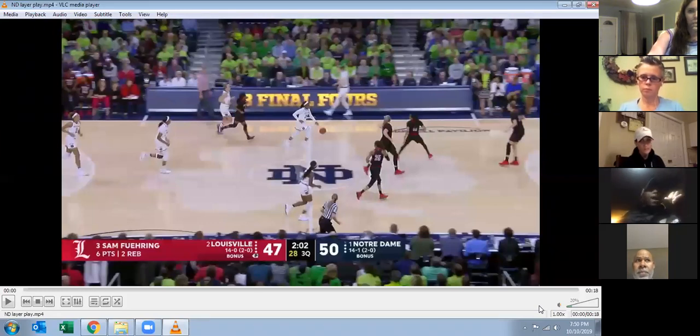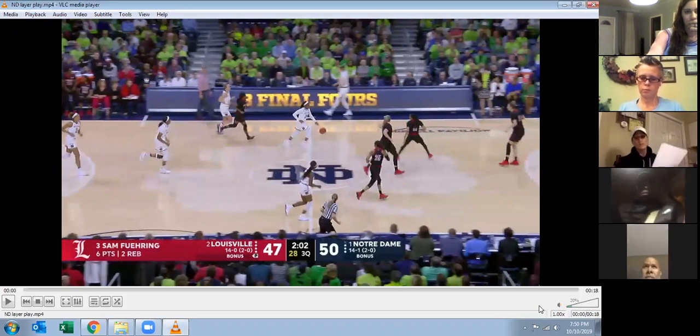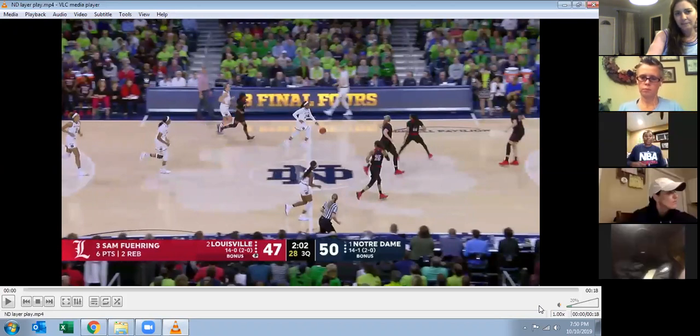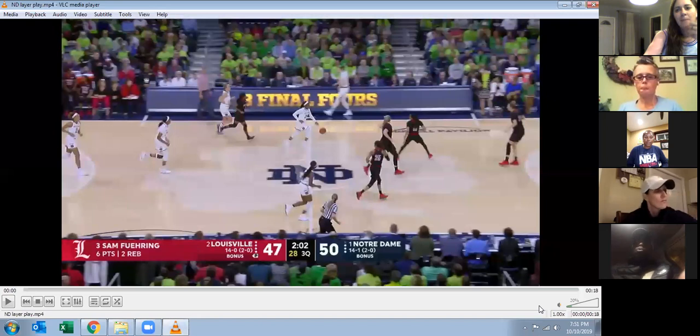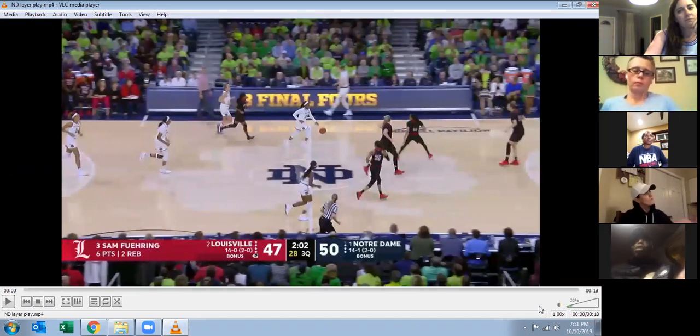So after we break away and we've come to our decision, then what do we do after that? After we talk to the coaches separately, we've looked at the monitor, all three officials have looked at the monitor, and we've come to the conclusion that yes, we're going to upgrade.